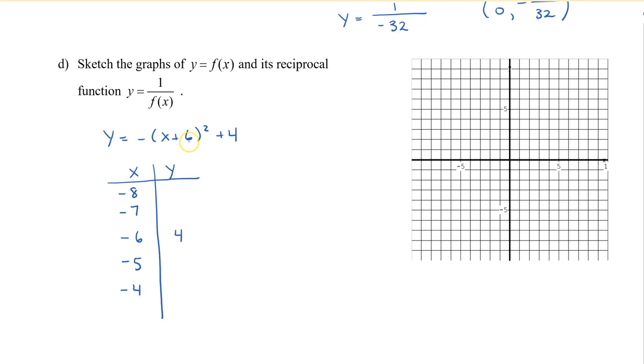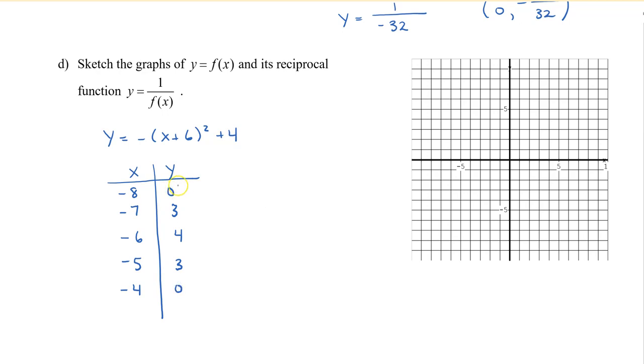Plugging this into our equation, for negative 5 we get 1 squared, so negative 1 plus 4 is 3. If we figure that out with negative 7, we'd also see that's 3. Plugging in negative 4, we get 2 squared is 4, so negative 4 plus 4 is 0.